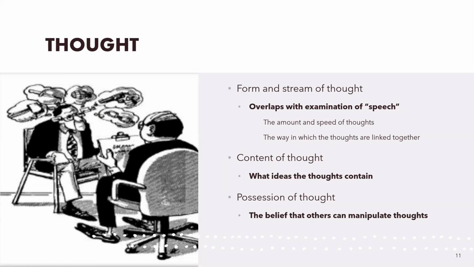But basically, for form and stream of thought, it overlaps with the examination of speech. So if you remember, in speech, we had pressure of speech, right? So in thought, you can also have pressure of thoughts. Or for example, when we had poverty of speech, you can also have poverty of thoughts. So that's for form and stream of thoughts.